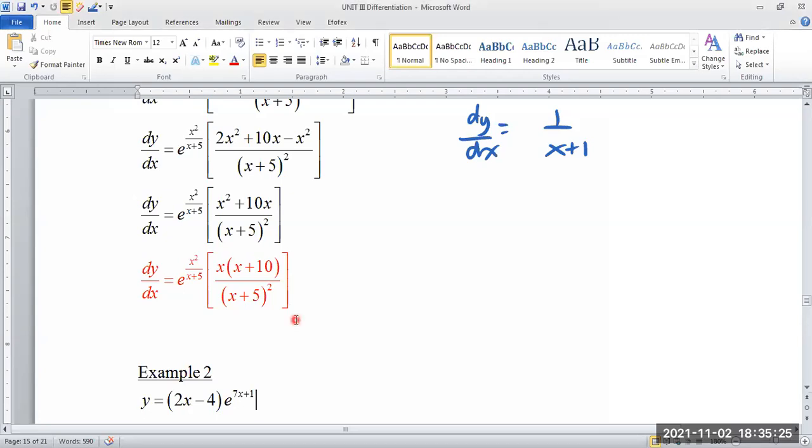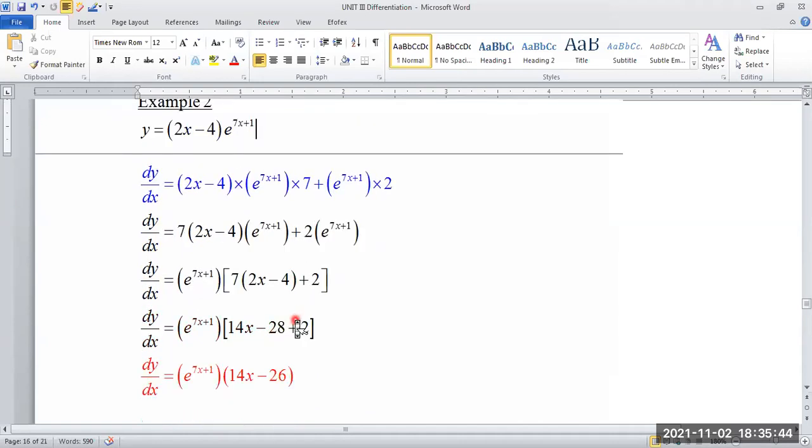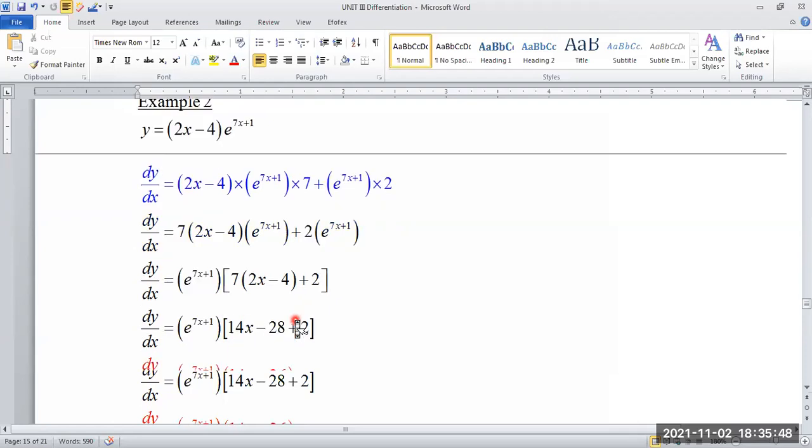Negative 30 over 7x plus 1 squared. Definitely wrong. Oh, you got that? I think you may need to become a Christian and then you get a question right.